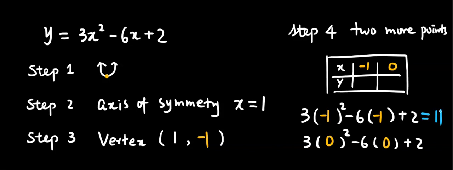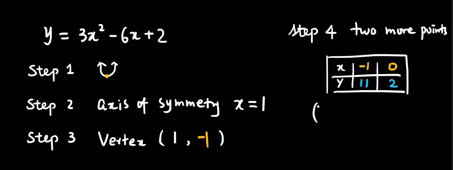And when x is 0, 3 times 0 is 0, minus 6 times 0 is 0, and plus 2 gives us 2. And then put down here, when x is negative 1, y is 11. When x is 0, y is 2. And now we can write down our 2 points. The first point is (negative 1, 11). And the next point is (0, 2).